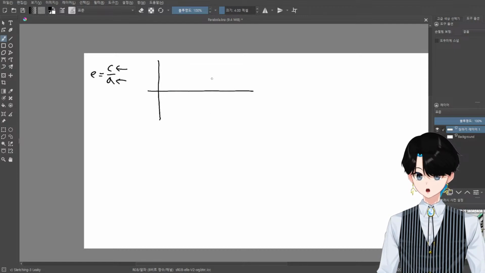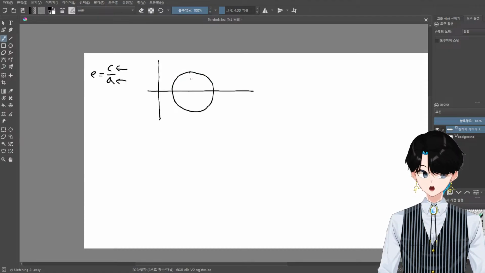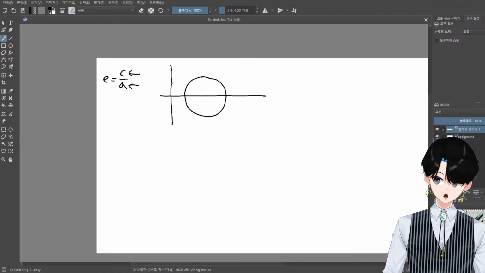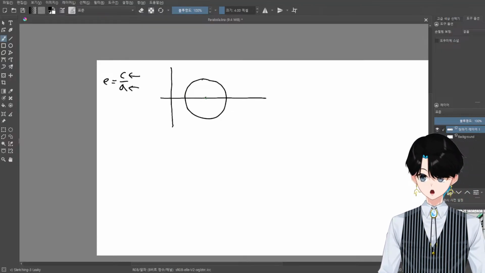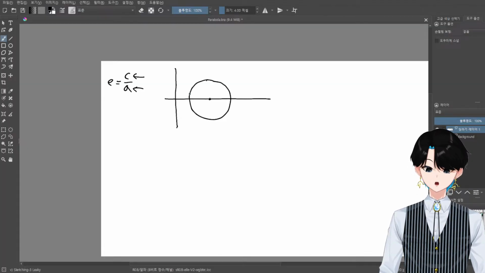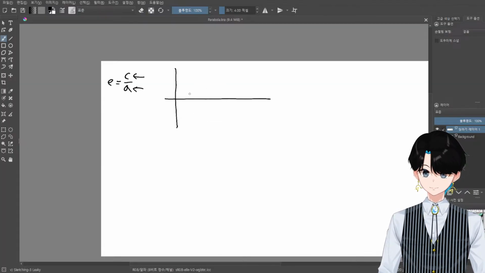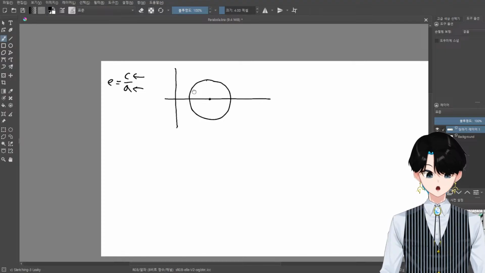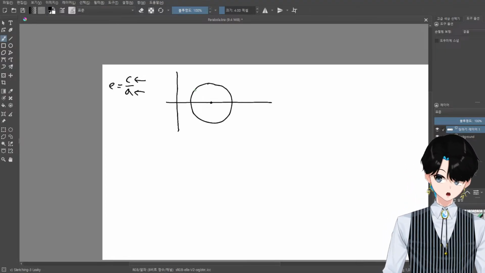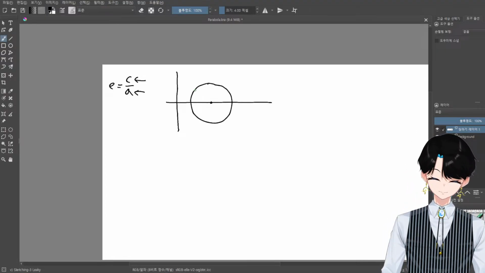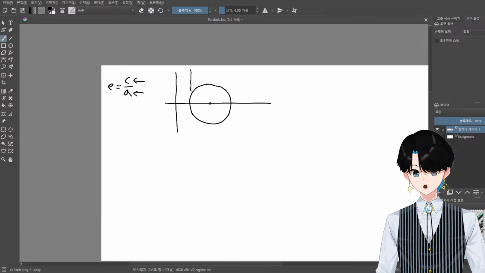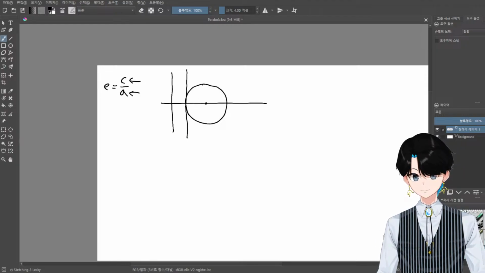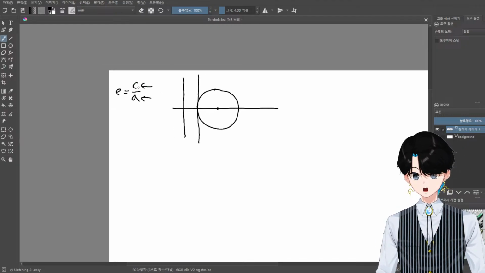I'm gonna start out with the ellipse. No, circle. Why not circle? Okay, circle. Normally I would draw the curves at the center, at the origin of the grid. But the reason why I draw it like this is because I realized something. The eccentricity is a value according to ratio.